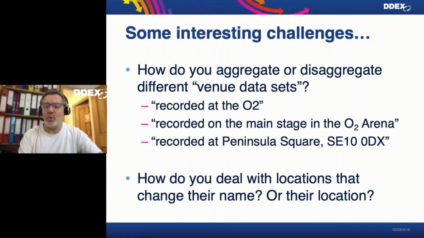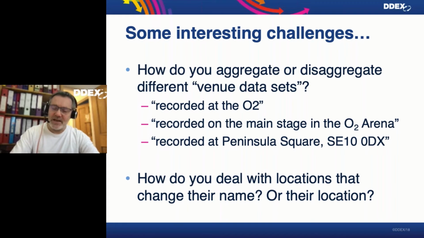So that may not work. And in any case, how does the computer know that the O2 is not a sub-venue of the Millennium Dome, that they are actually the same thing? So there is need for a person to actually look into some of these things to disambiguate them or to aggregate them if need be.